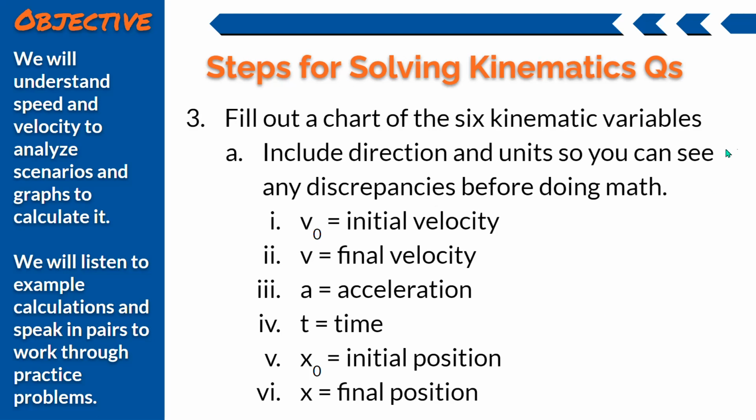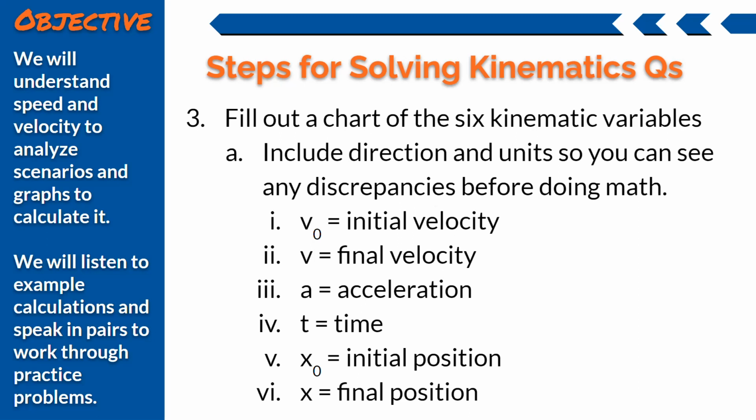Step 3 is to fill out a chart of the 6 kinematic variables. And then it tells you to include directions and units so that you can see any discrepancies before doing the math. And so what I mean by that is that whenever you start to label these things, you've already defined your positive directions.